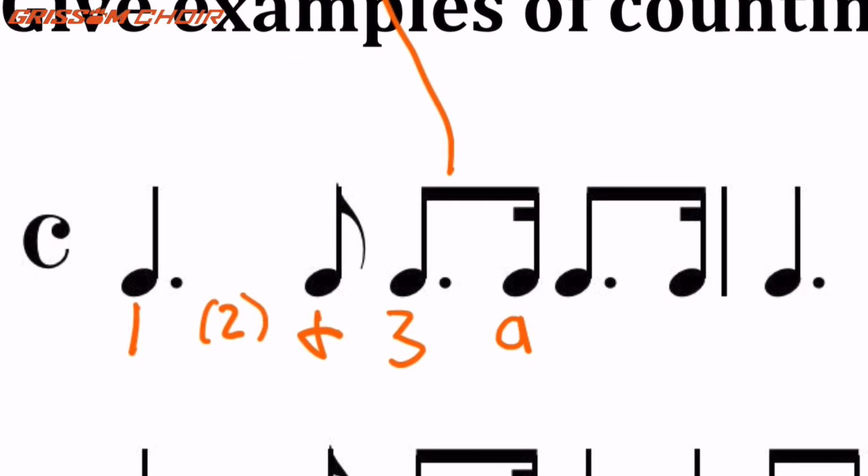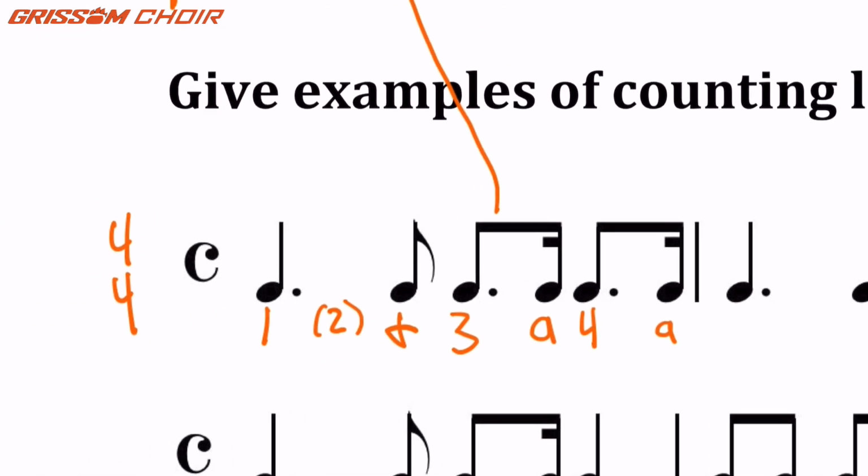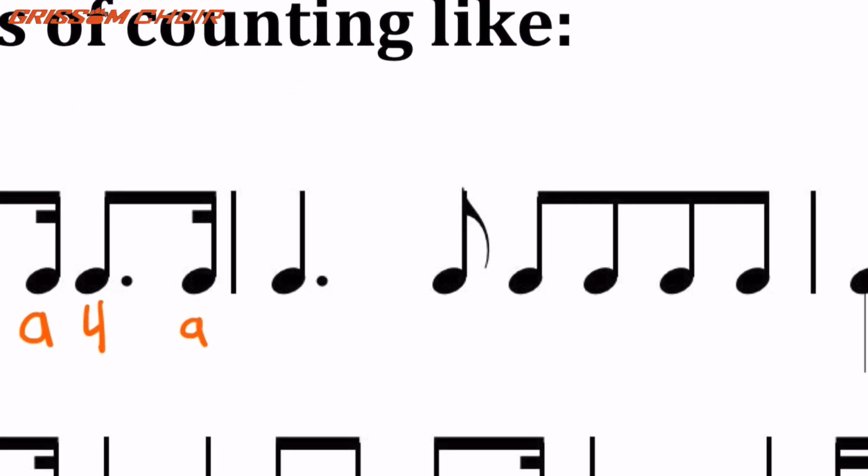The next note has to be 4, followed by. Second measure, that second rhythm that we learned, 1 and, then you know these next 4 notes, 3 and 4 and.